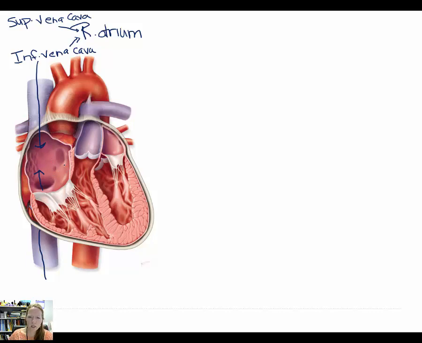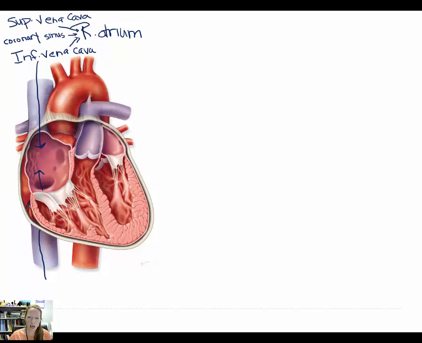So there's going to be one vessel that's going to dump deoxygenated blood from the heart muscles and put it into the right atrium. And that's called the coronary sinus. So that's going to go into the right atrium as well.